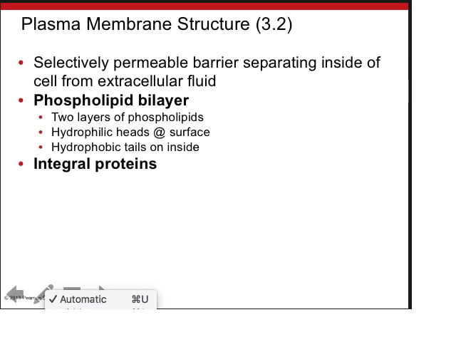We'll use blue here. So if I were to do a diagram of a phospholipid, remember that the heads are polar, okay? This is just a cartoon.